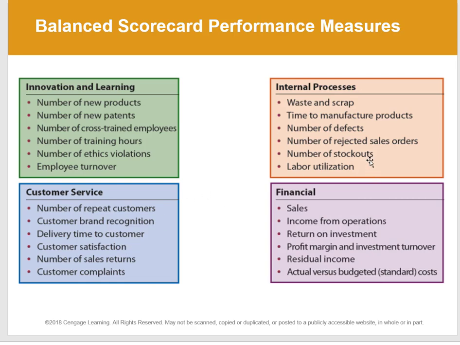Number of stockouts, labor utilization. And the financial ones are all normal ones, okay, ones that we're used to. Sales, income from operations, return on investment, profit margin, investment turnover, residual income, and actual versus budgeted or standard costs. Okay? It's a whole other world, isn't it? Okay, we've got just one more.